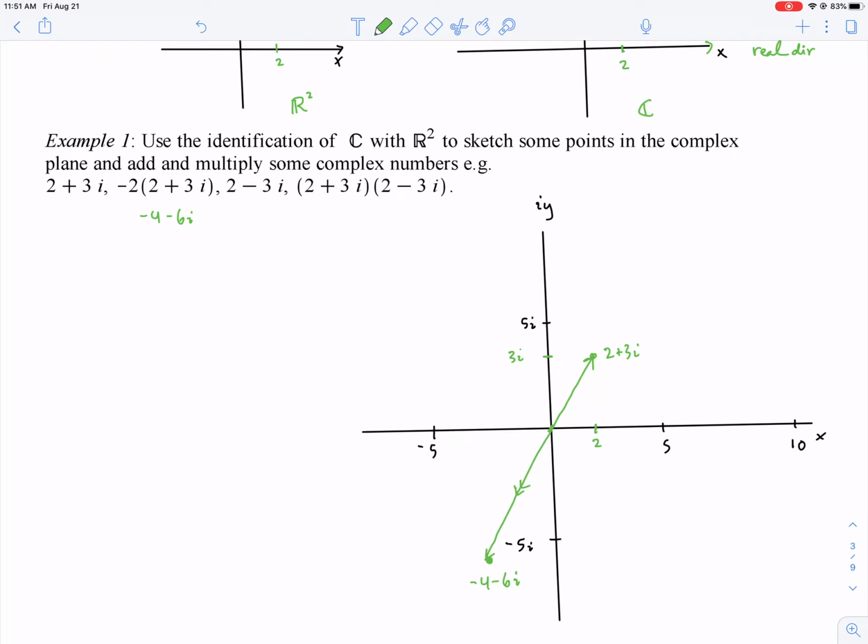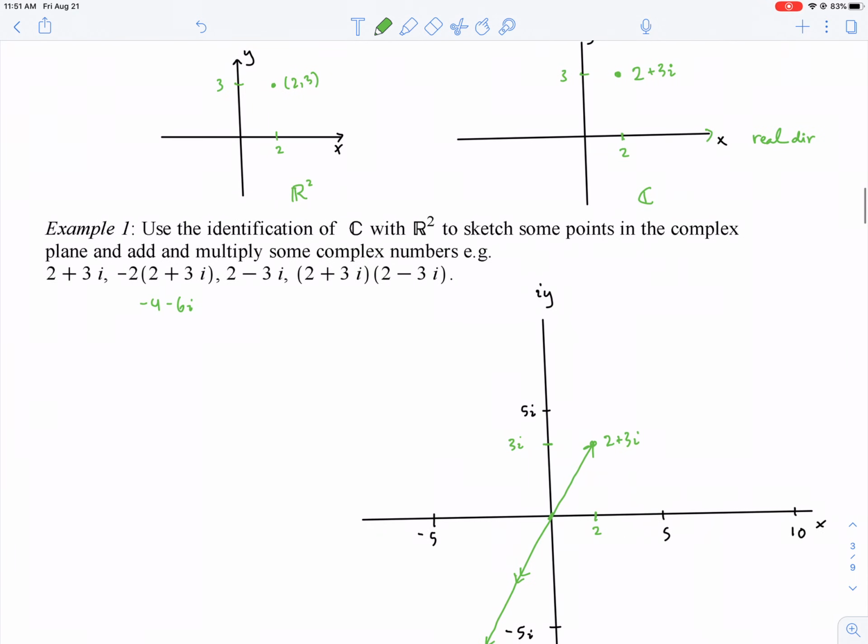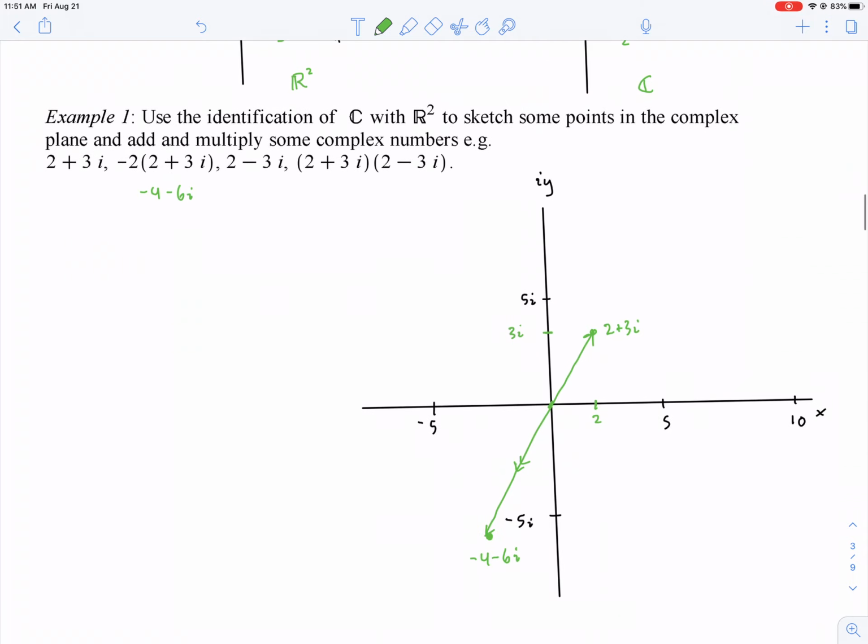This was just like scalar multiple. This is equivalent to what you would do in the vector space R2 if you multiplied the vector (2, 3) by -2 to get the position vector of (-4, -6). 2 minus 3i lives here.